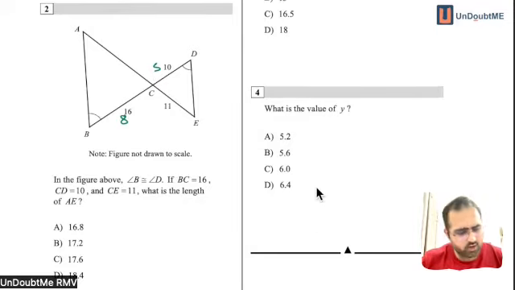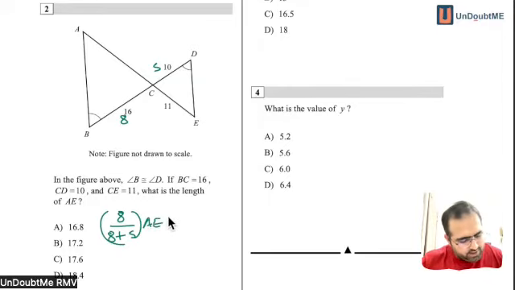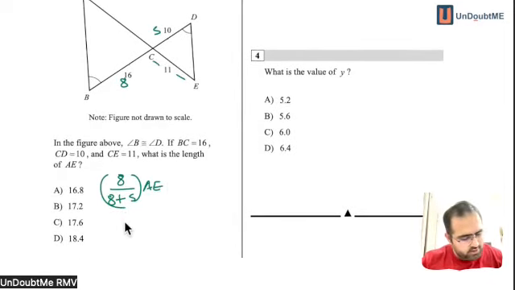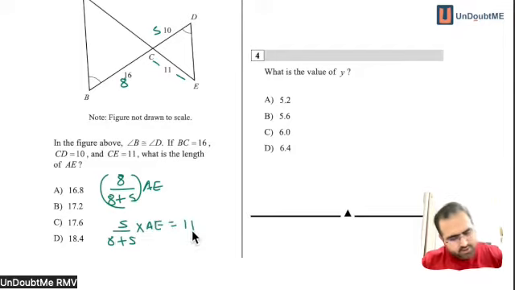So I need to get AC. So AC will be 8 over 8 plus 5 times AE, but I don't have AE. It'll be 5 over 8 plus 5 times AE is 11.